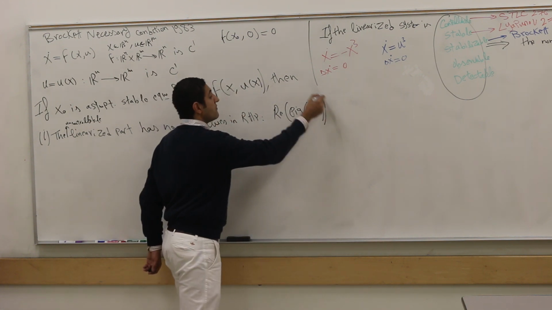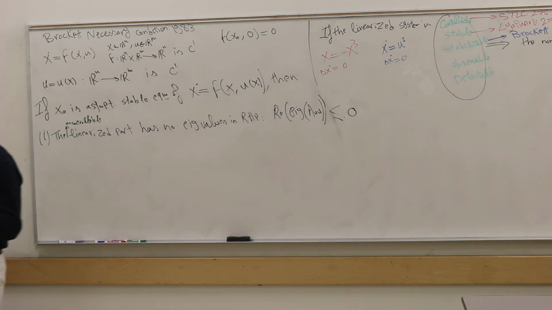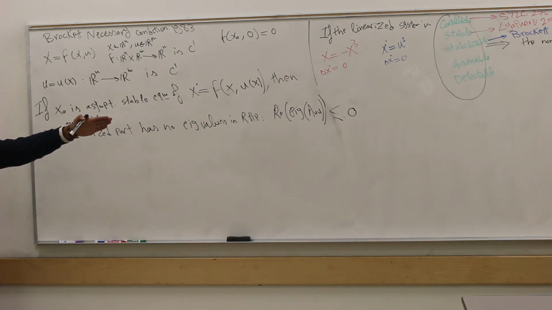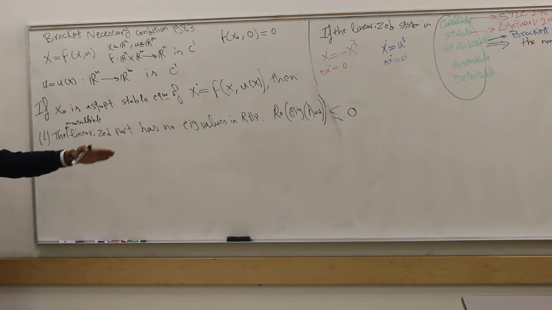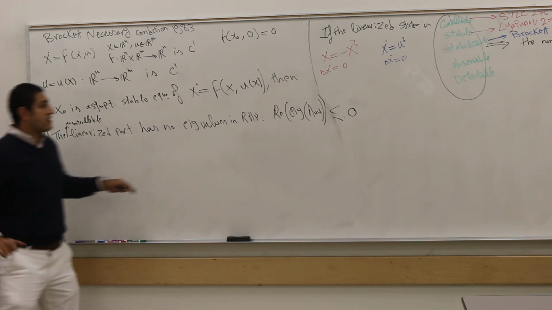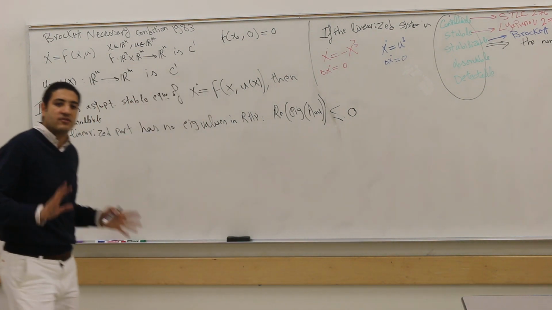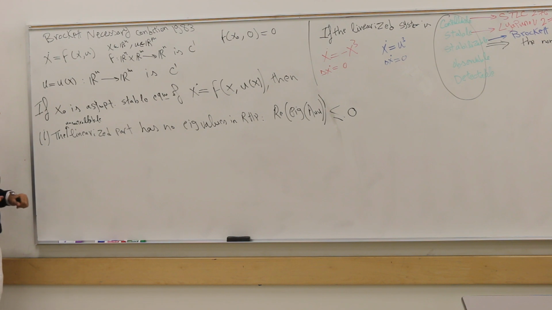Less than or equal to 0. Very good, less than or equal to 0, right? It's very subtle here. If it's less than 0, we're done: the linearized system is stabilizable, and so the nonlinear system is too. The tricky part is if it's 0, if one of them is zero, then we don't know, and we are okay.